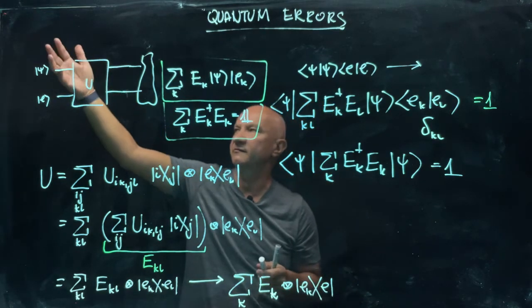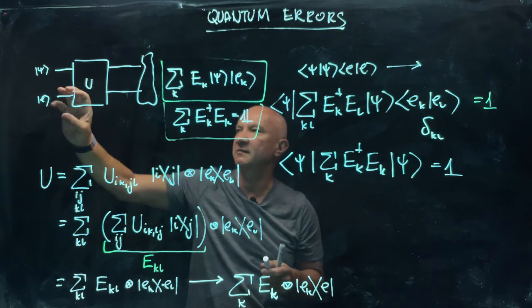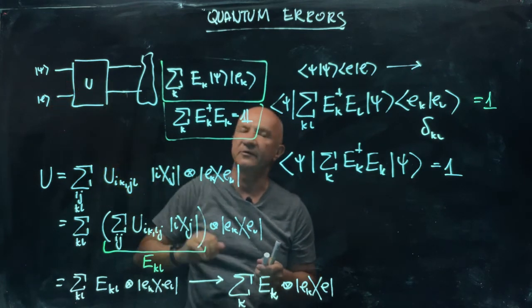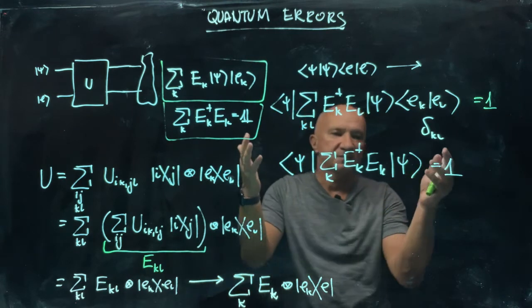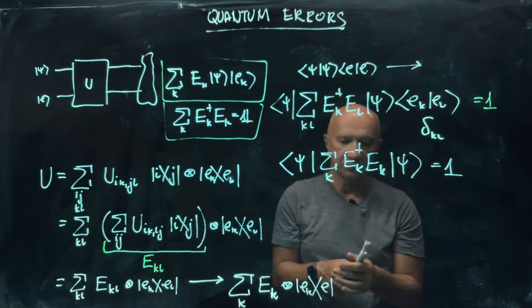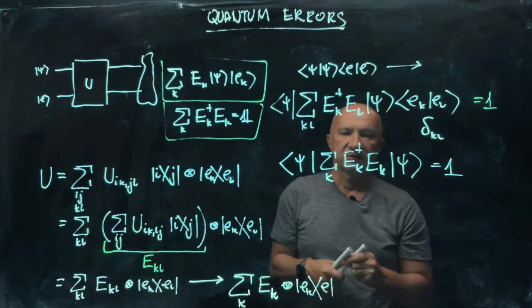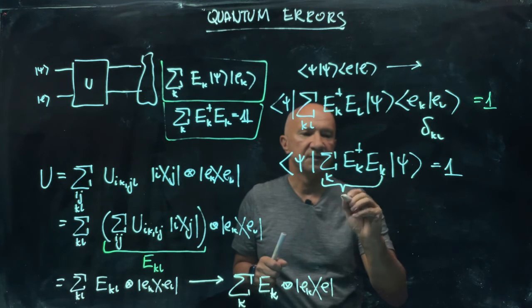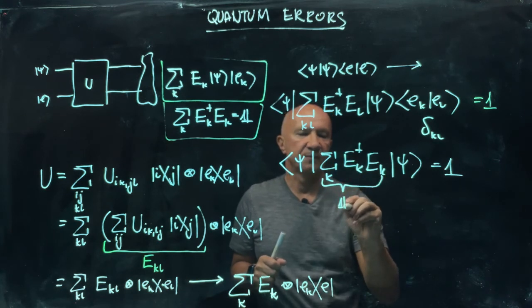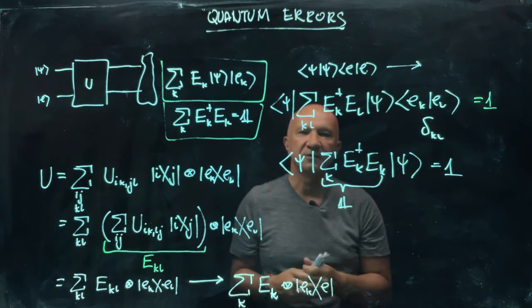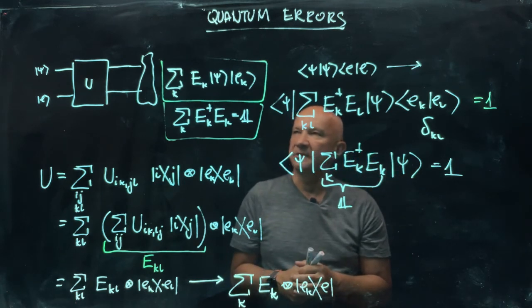Remember, the state of the system could be just anything, but we fix the state of the environment in this scenario. So this expression here, we require the normalization for all possible input states psi. So that can only be satisfied when this expression here is equal to the identity, because we assume that the initial state is properly normalized.